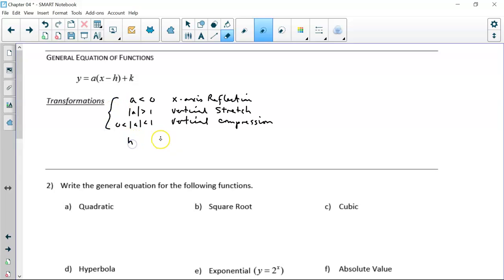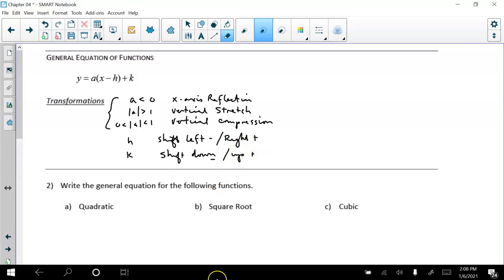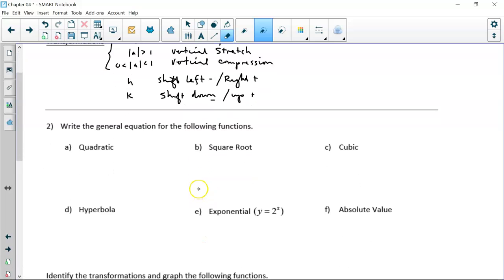And then h, we shift left if it's negative and right if it's positive. K, we shift down if it's negative and up if it's positive. So there are our transformations. It should look very similar. We've done this before with quadratics. Now we're just applying it to other functions.